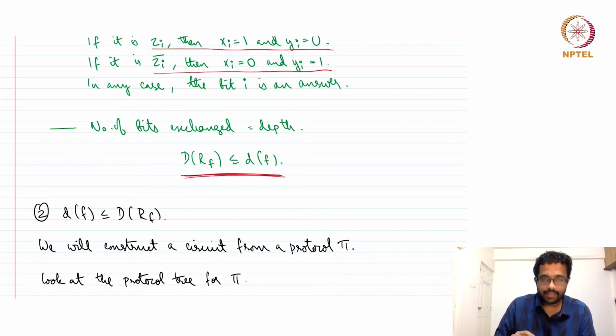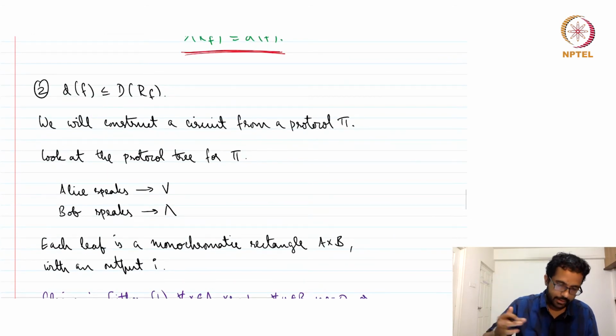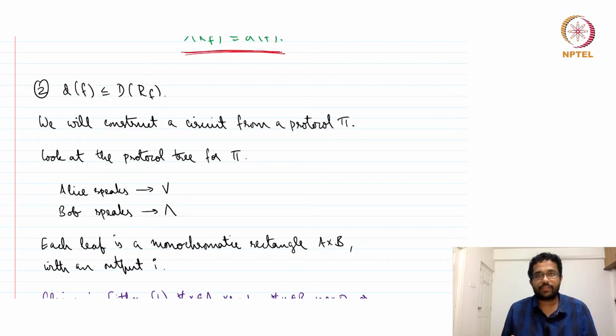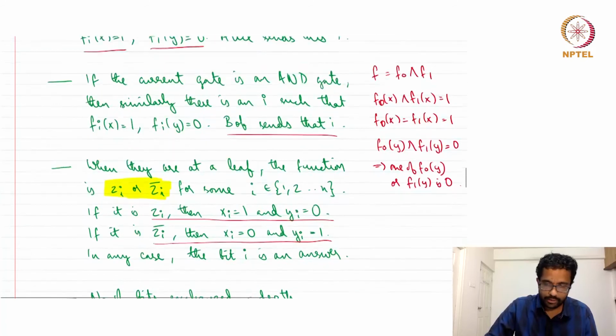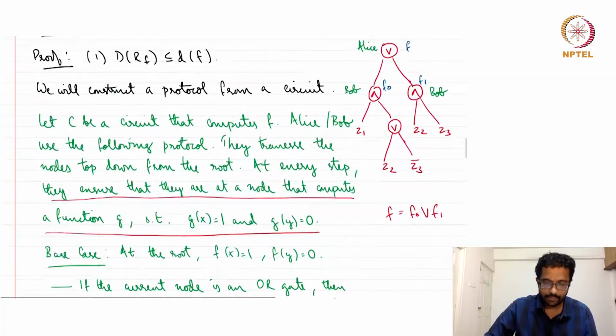So that is one direction of the proof, where we got a protocol from a circuit. The other direction is the opposite, where given a protocol for the Karchmer-Wigderson relation, we will construct a circuit for the function. In fact, what we do here is kind of like the reverse of what we did in the first part.